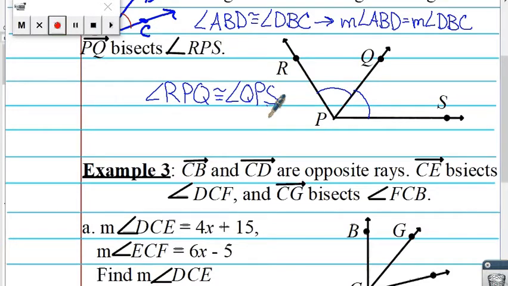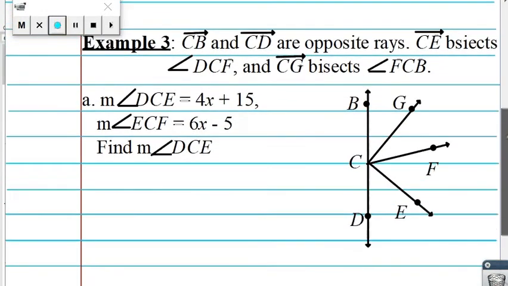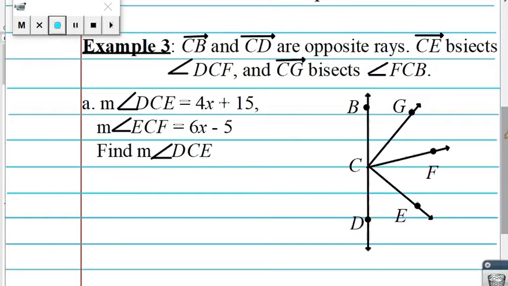Now, if we have congruent angles with equal measures, we can use that along with some algebra to find some missing variables. So, in this example, they tell us that CB and CD are opposite rays. So CB and CD form a straight angle, meaning 180 degrees. Next, they tell us that CE, that's this ray, bisects angle DCF.